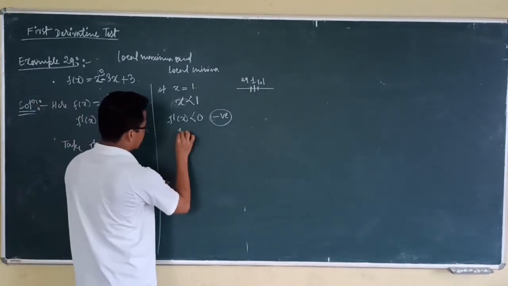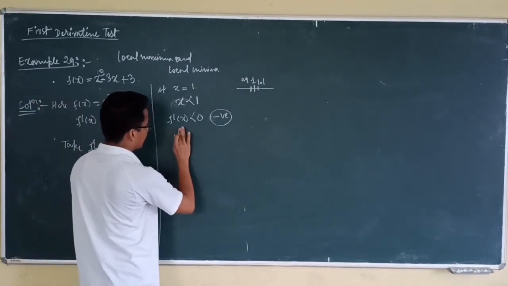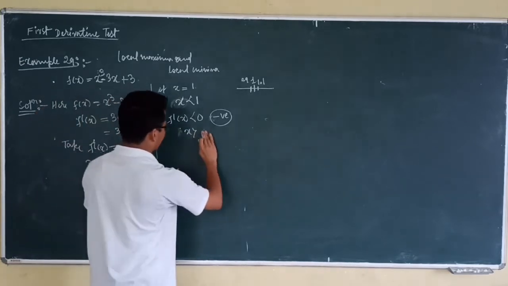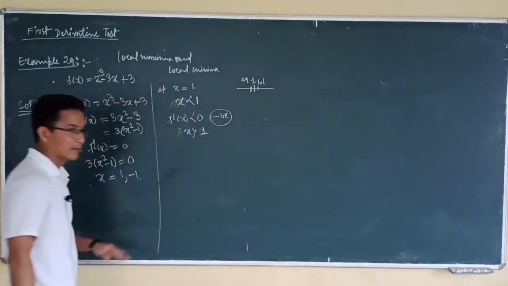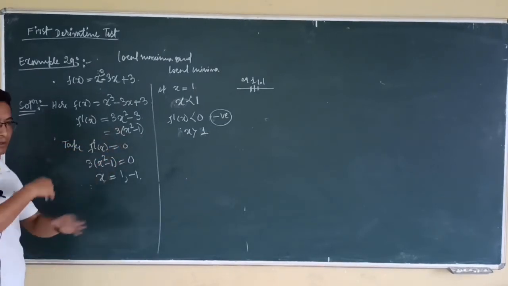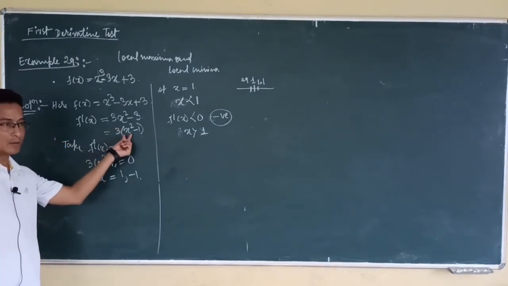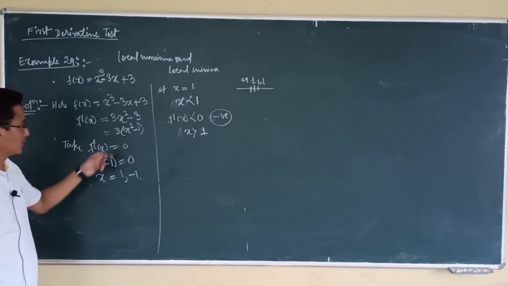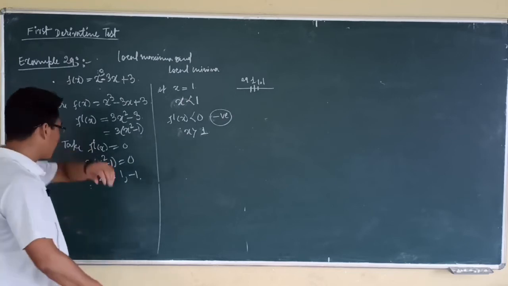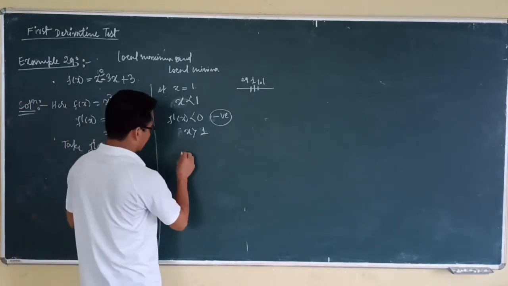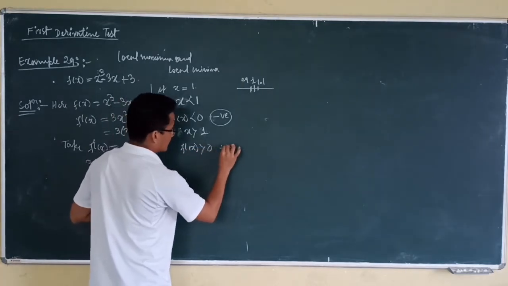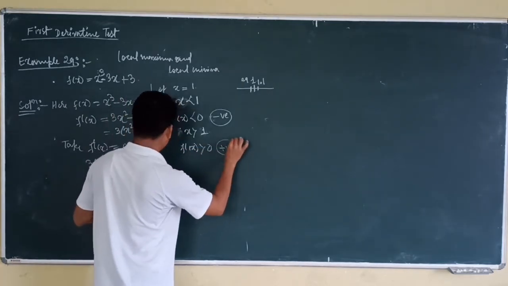When x is greater than 1, if you square it, you get a positive value, so f dash x is positive.